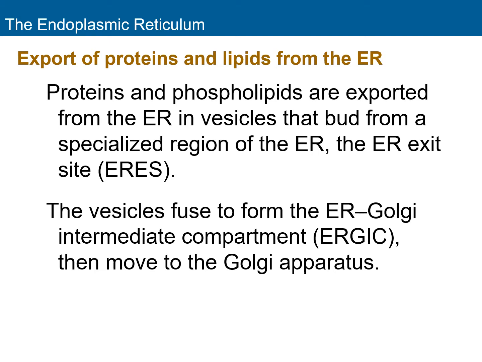So from endoplasmic reticulum, the vesicles that are formed bud out from the surface of endoplasmic reticulum, and then they exit through a site which is called ERES, which is endoplasmic reticulum exit site. So ERES. And then they become part of a temporary intermediate compartment, which is called ERGIC.